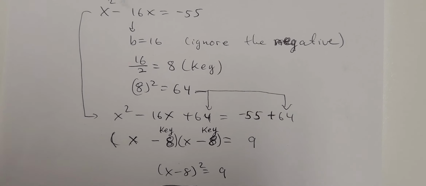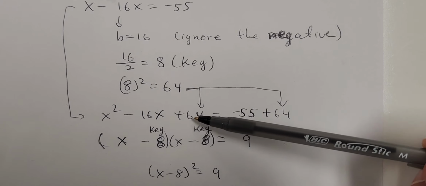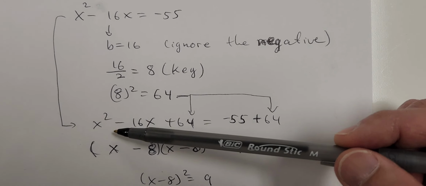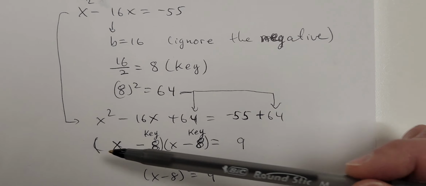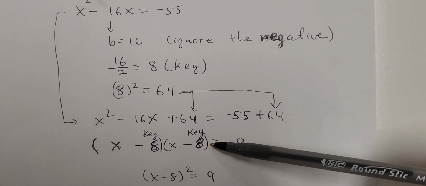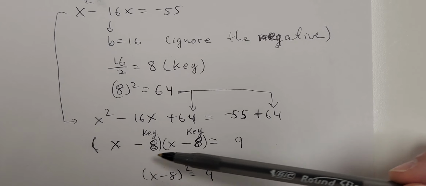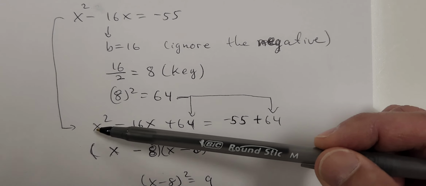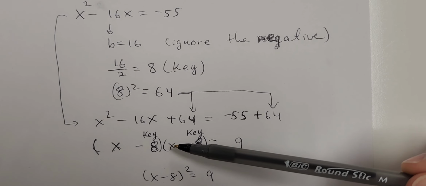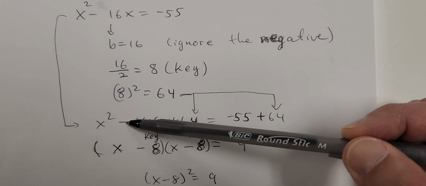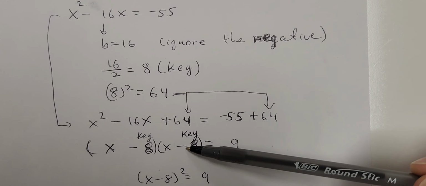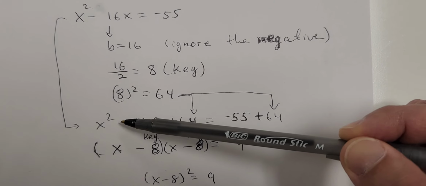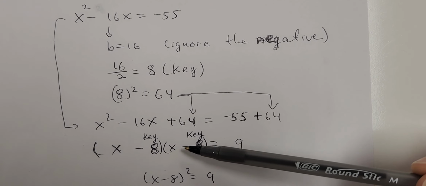Next, right here, this is my perfect trinomial. When I factor this out, make 2 sets of parentheses. I have 2 x's because it's x squared, so 1x, 2x. This is a minus, so put minus, minus.